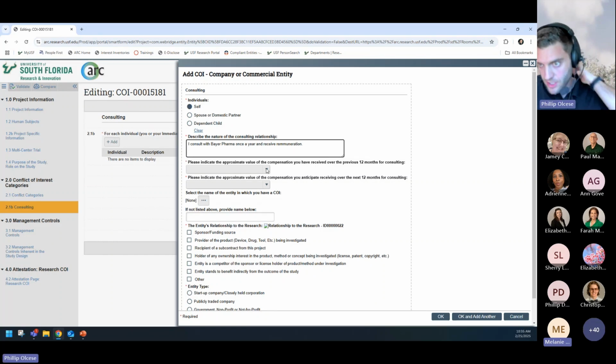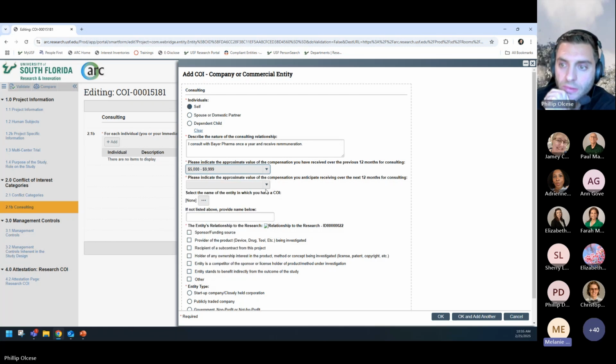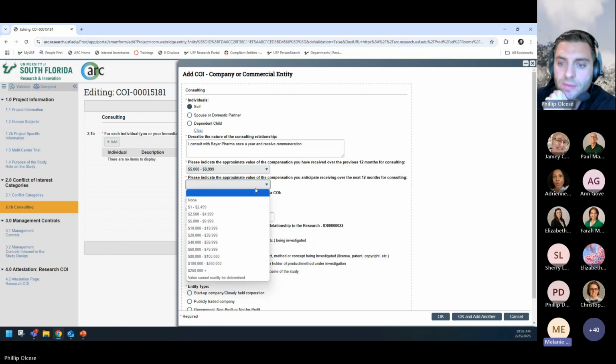Please indicate the approximate value of compensation you have received over the previous 12 months and the anticipated compensation over the next 12 months. We don't know yet, so we'll just say it cannot readily be determined.